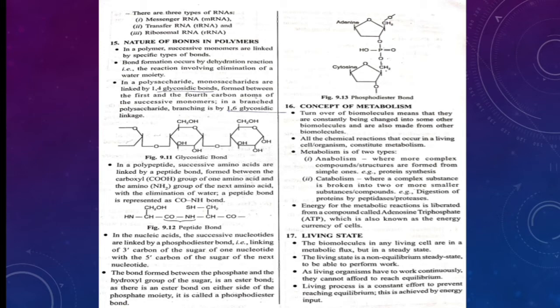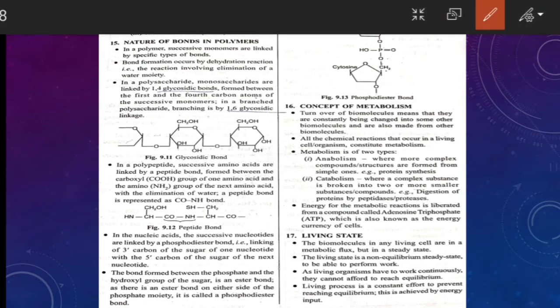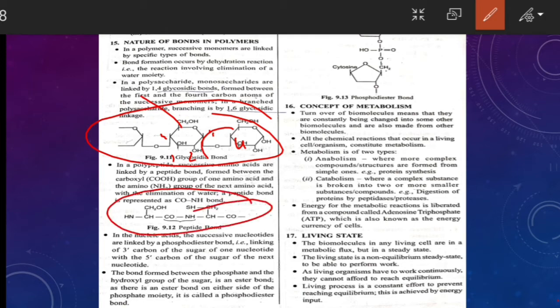Now the nature of bonds of the polymers, as I have just discussed, is very simple. In case of polysaccharides, if you label this as 1, 2, 3, 4, this is the 1,4 linkage, and in case there is branching, it is going to be the 1,6 glycosidic linkage. In case of proteins, it is a peptide bond formed by dehydration.